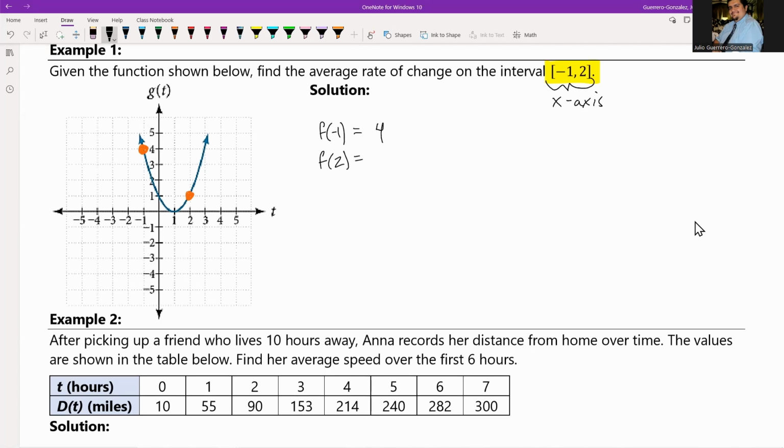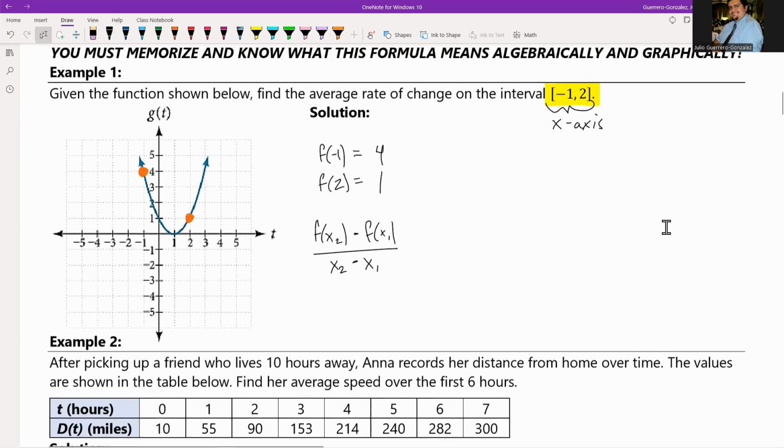And for 2, the y value is 1. At this point, it's plug and chug. So I want to find the average rate of change. So I'm going to have to do f of x2 minus f of x1 all over x2 minus x1.